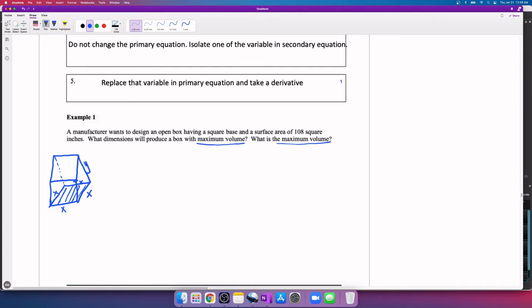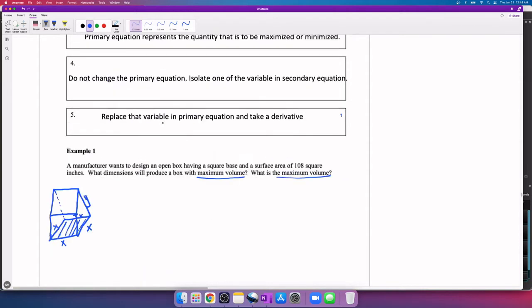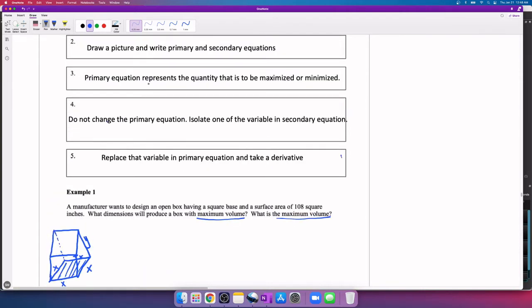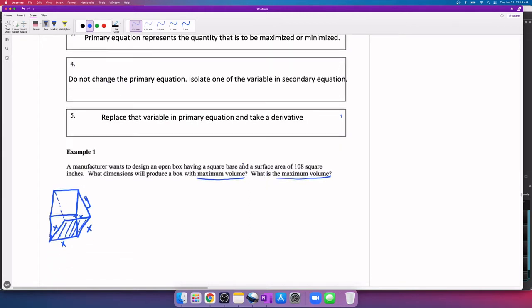So I draw a picture and write primary and secondary equations. What is a primary equation? Primary equation means it represents the quantity that is to be maximized or minimized. So my primary equation is the volume equation. What is the volume of this box? Remember, volume has a general formula for any kind of shape.